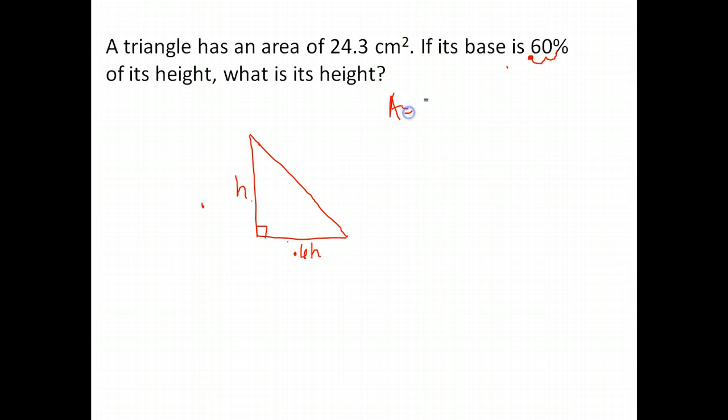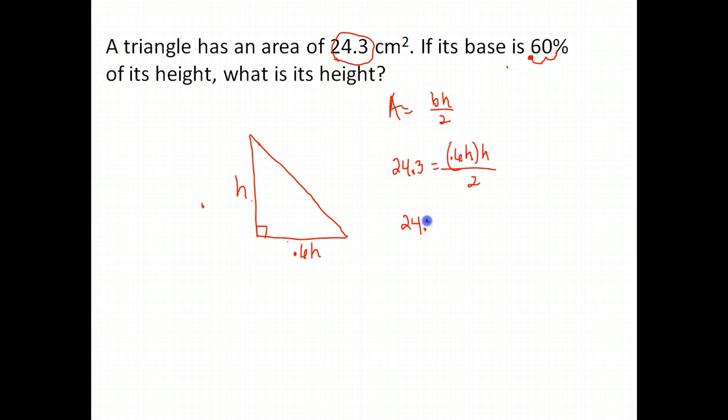The area for a triangle, you take the base times the height and you divide it by 2. So our area, 24.3, is equal to 0.6h, our base, times our height, h, divided by 2.